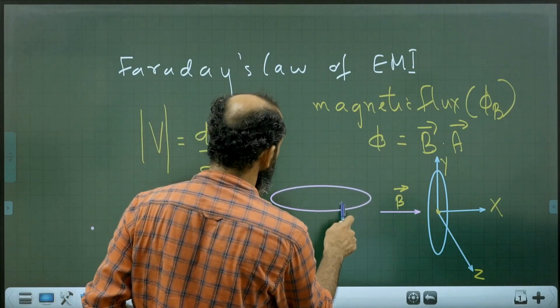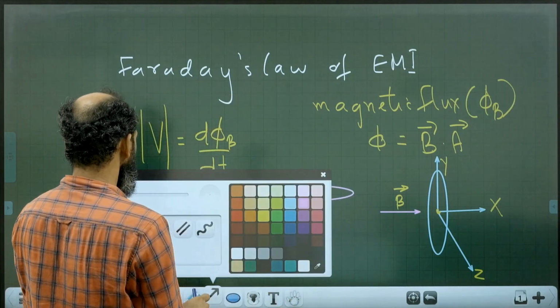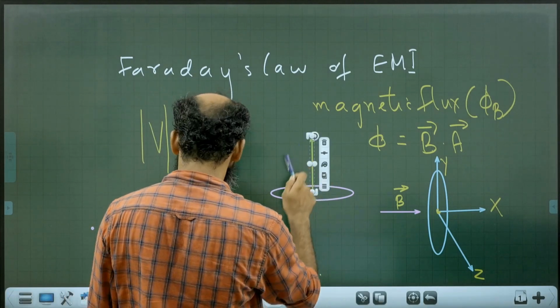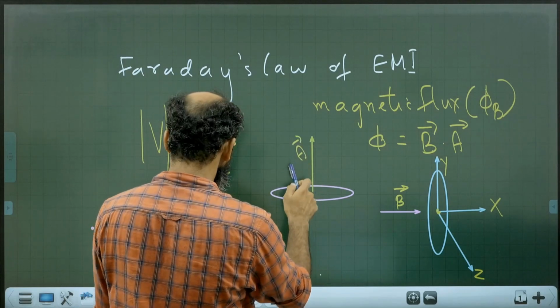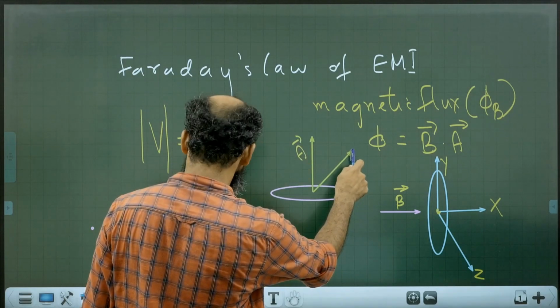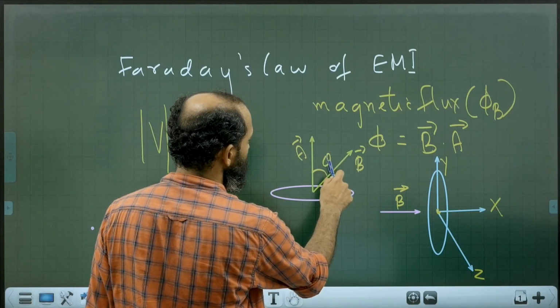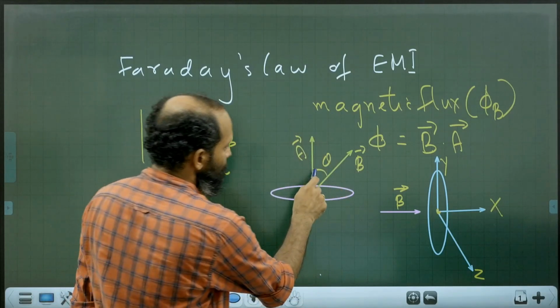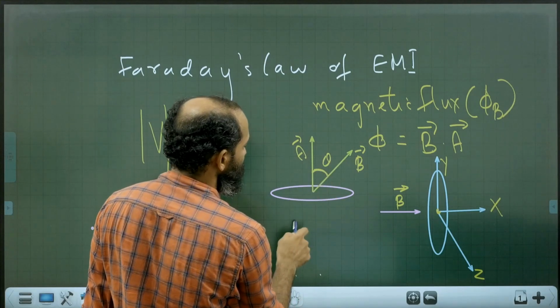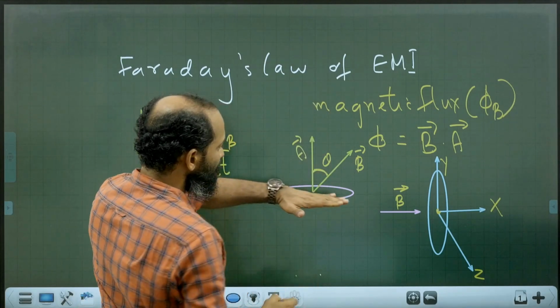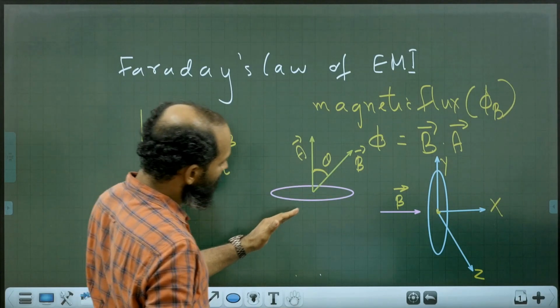The normal to the area is along the outward normal, which is given by the area vector. The direction of the flux density vector is along this line. The angle between field vector and area vector is theta. So theta is measured between the normal to the plane of the coil and the field vector.